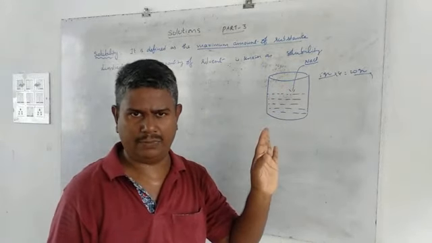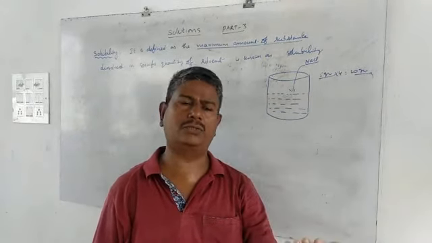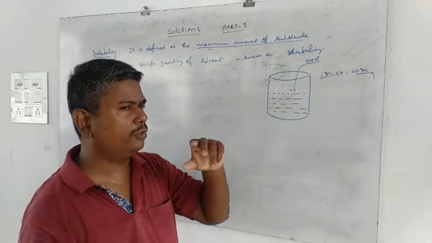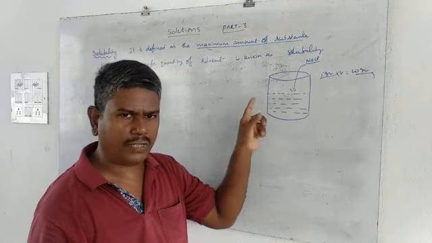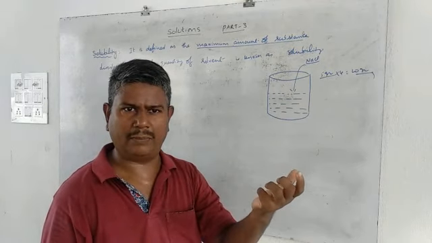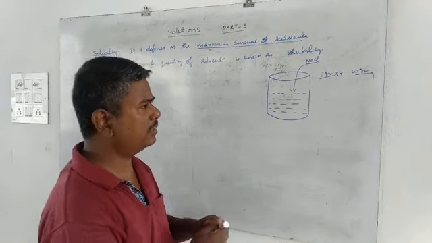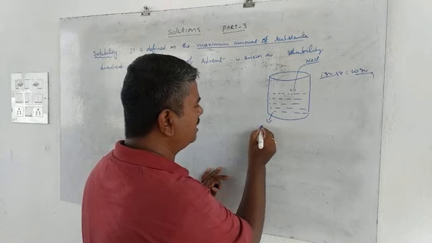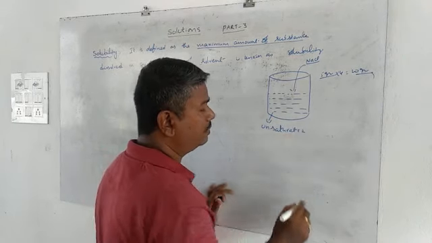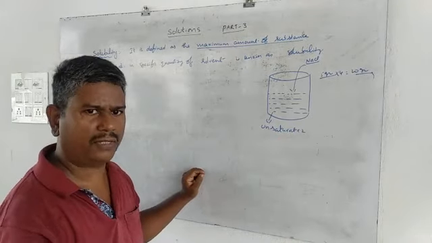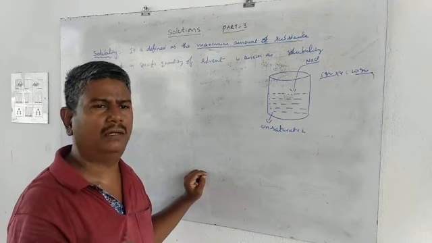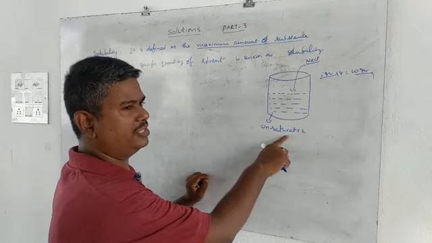So that's an example. Every solute and solvent pair is like that. One thing you remember: from the first spoon there is dissolution, so the solution at that time is called unsaturated. For the second spoon also it dissolved, so it is unsaturated.